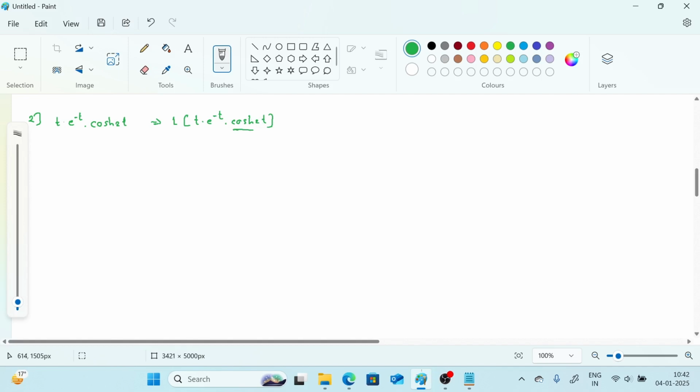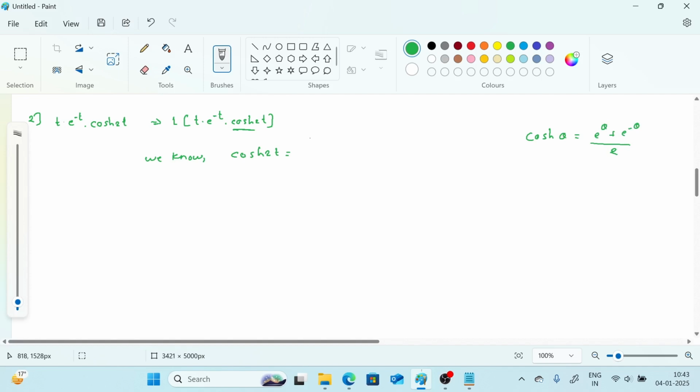So first I will take this cos hyperbolic 2t. We know cos hyperbolic 2t, what will be the value? I will tell you one formula. Cos hyperbolic theta is equal to e raised to theta plus e raised to minus theta upon 2.